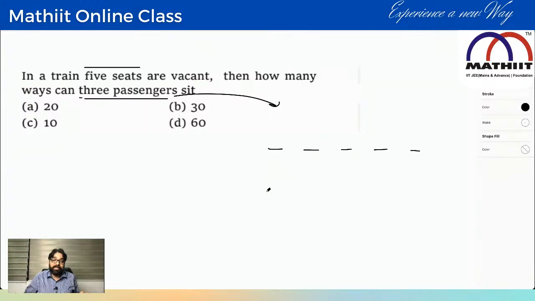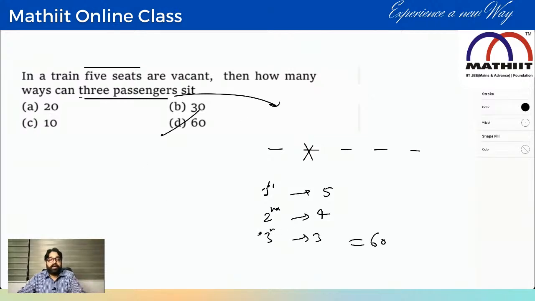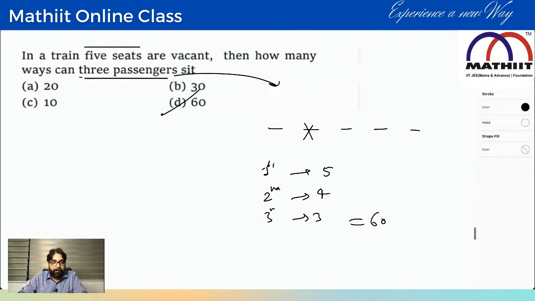The first person can take his seat in 5 ways. And second person, now one person has taken one seat, you cannot take it. Suppose gone, which one, I don't know. So second person 4 ways, third person 3 ways. The total is 60 ways. This will be the answer. I hope it's clear to everybody.